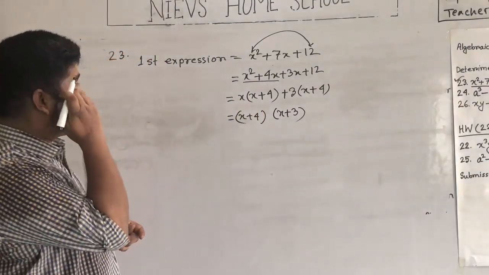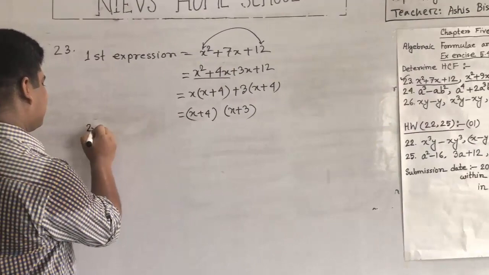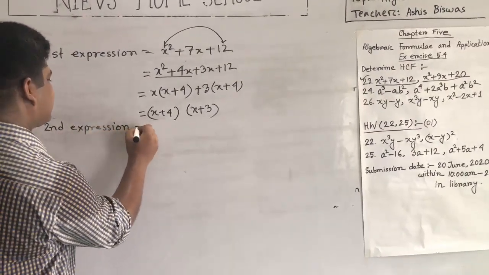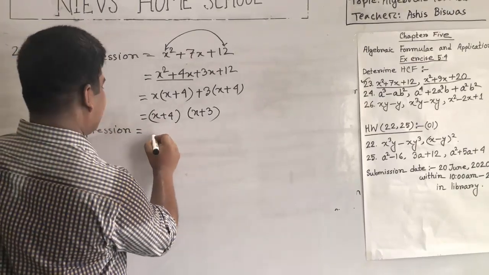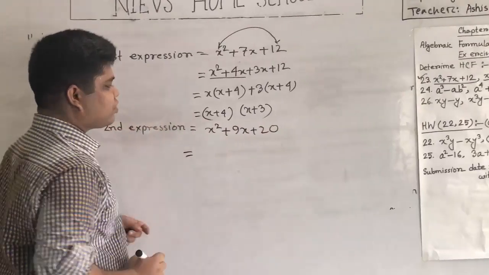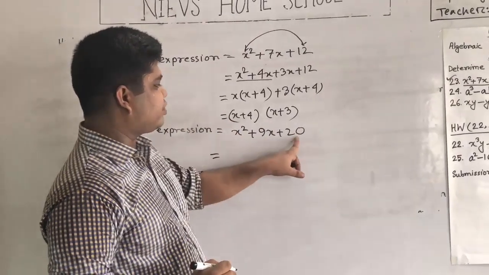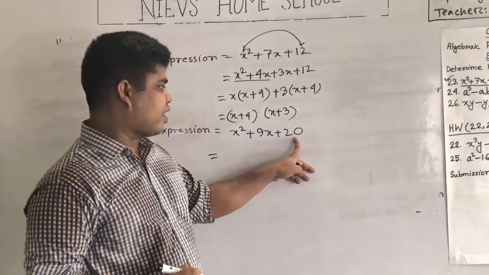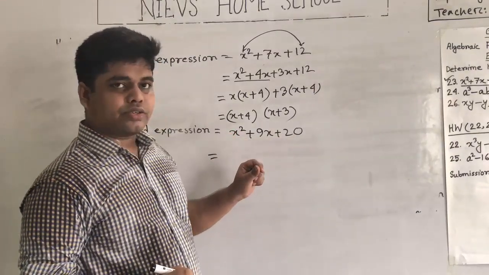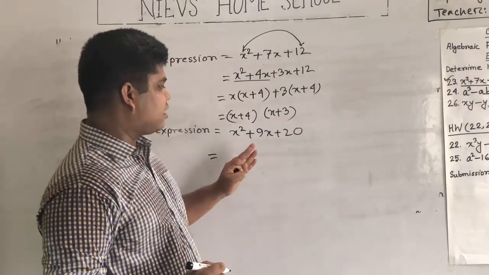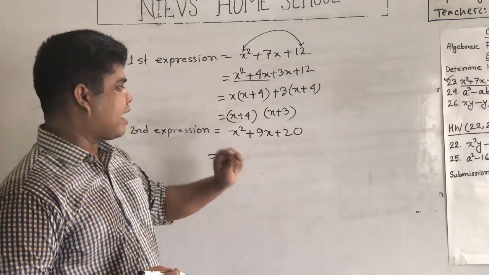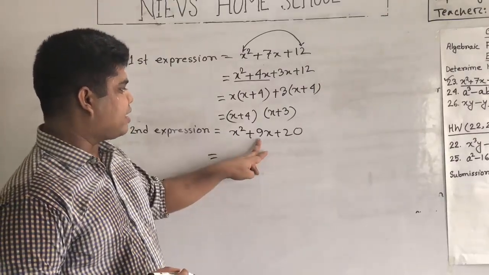Now we resolve our second expression. The second expression is x square plus 9x plus 20. At first we multiply x square by 20, then it will be 20x square. And now we convert this 20x square into two factors. By the product of them we get 20x square, and by addition we get 9x.